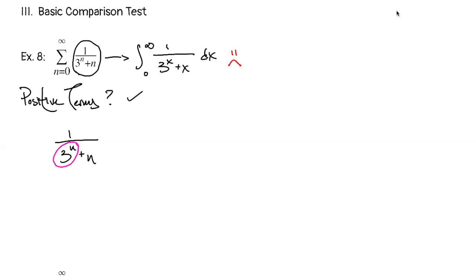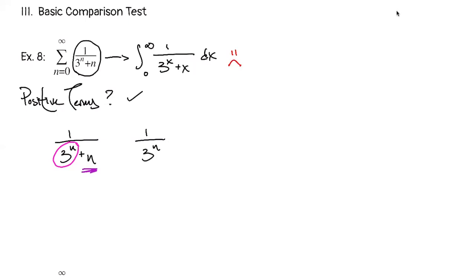The plus n at the end becomes less important than the 3 to the n. 3 to the n will completely overpower this plus n. And so I can say, maybe 1 over 3 to the n plus n is similar to 1 over 3 to the n. See how they're kind of similar?